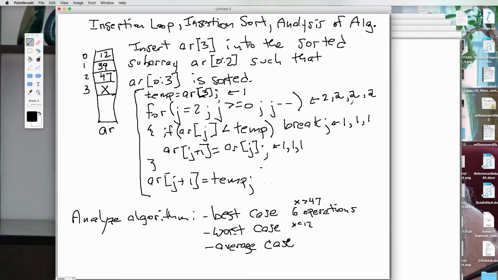So finally, when j got less than 0, we had to come down here and do the assignment here. So this took 1. And if we add all of these up, I get 1, this is 2, 4, 6, 8, that's 9, 10, 11, 12, 13, 14, 15, that's 16 operations.